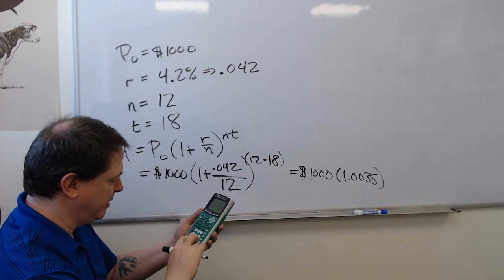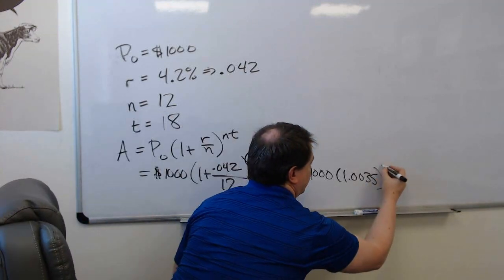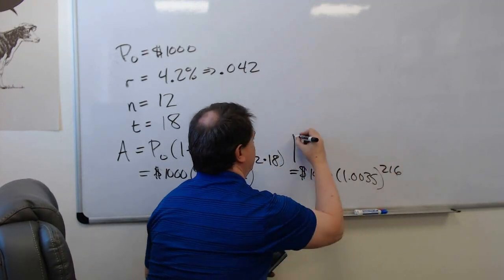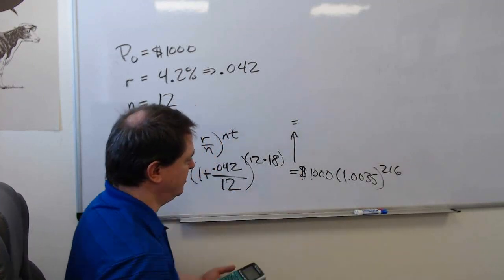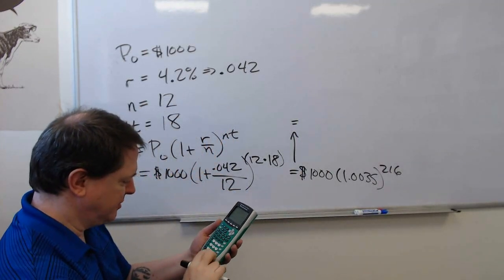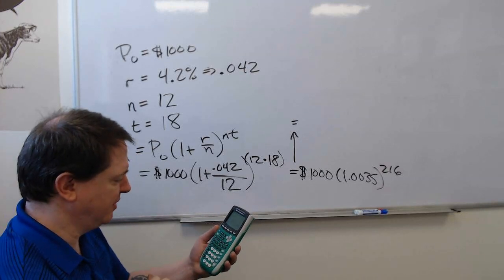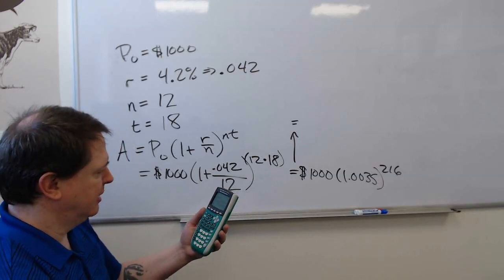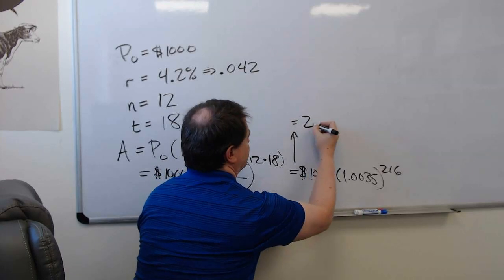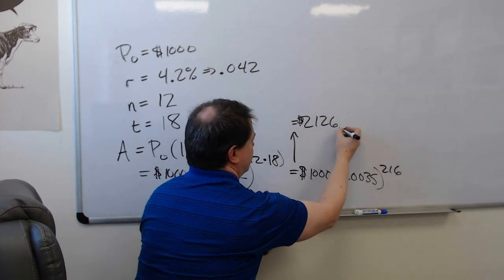The 12 times 18th power, so that'll be the 216th power. So I'll do 1.0035 raised to the 216th power, because I want to make sure I do my exponents first. Then I'll multiply that by 1,000, and I'll get $2,126.93.